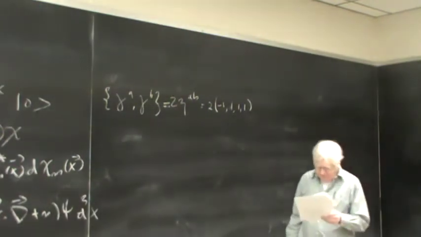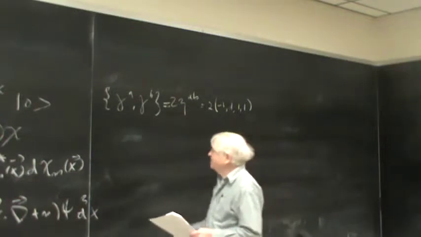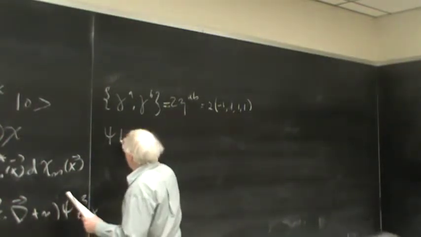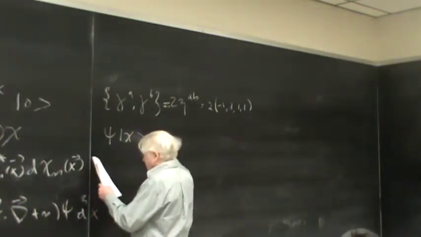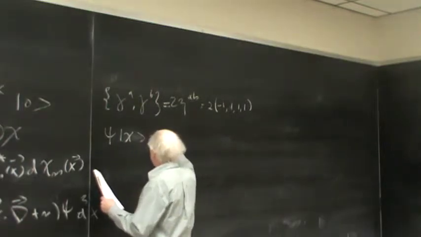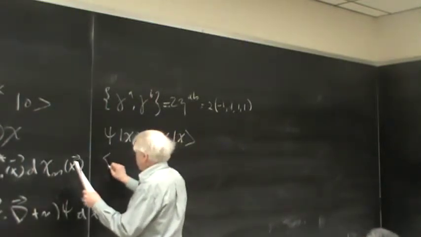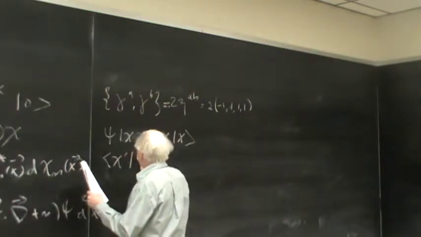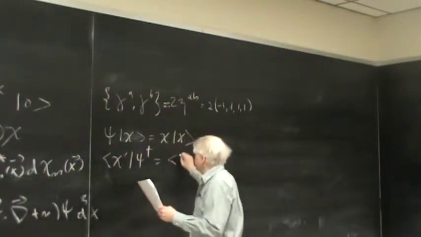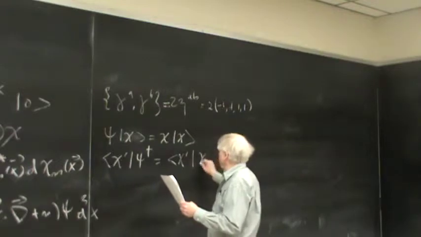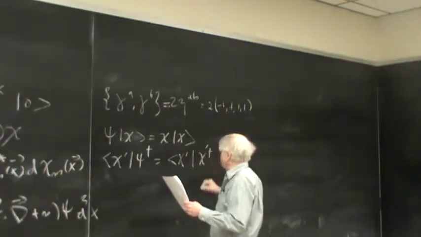All right. We've seen that psi on chi is chi on chi, and chi prime psi dagger is chi prime dagger.